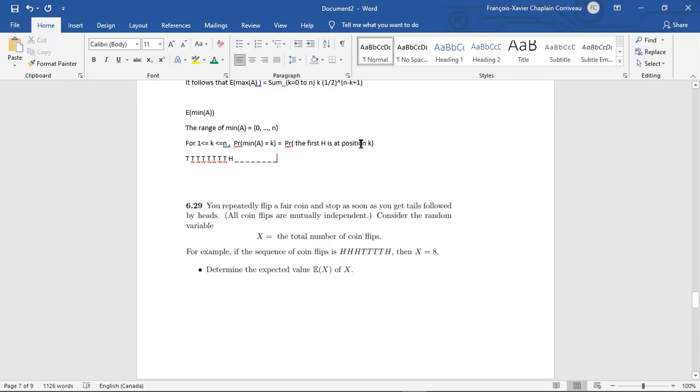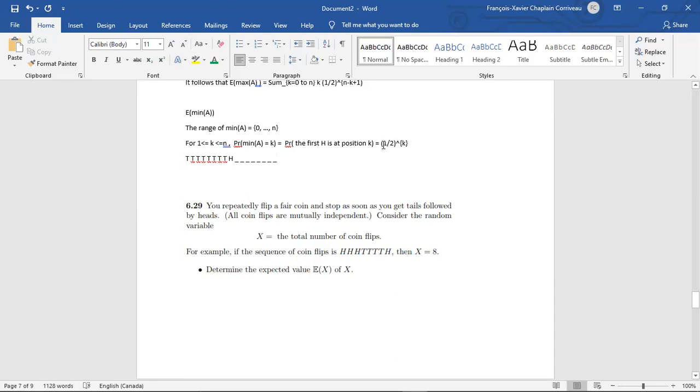So the probability of that is just 1 over 2 to the k. K minus 1 tails followed by a head.